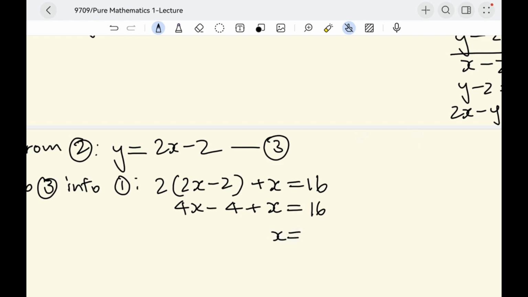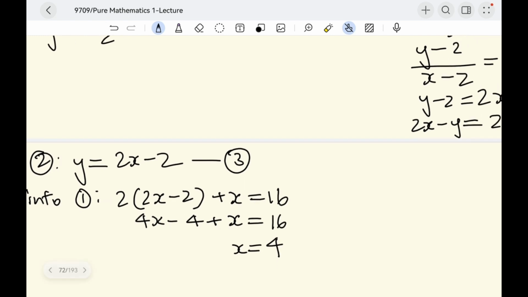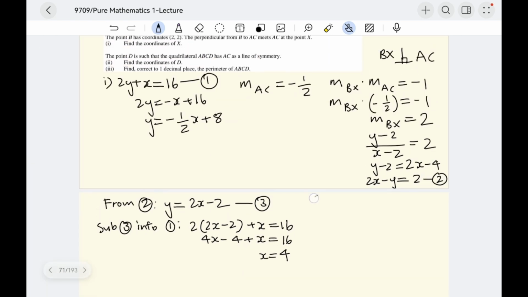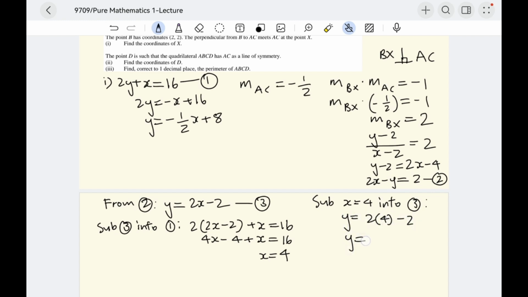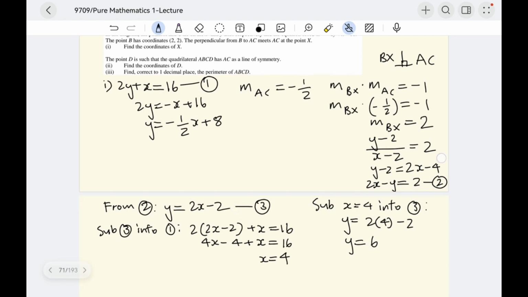The x you obtain should be 4. Next, substitute x equals 4 into the third equation. So I have y equals 6. Okay, means that the coordinates of X is (4, 6).